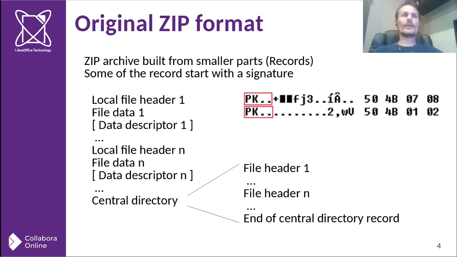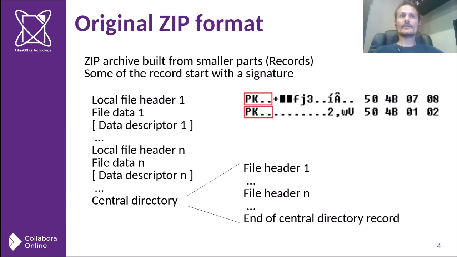The local file header contains some information about the file, how big it is, what its name is. The file data record is the actual file data. It may be compressed or may not.